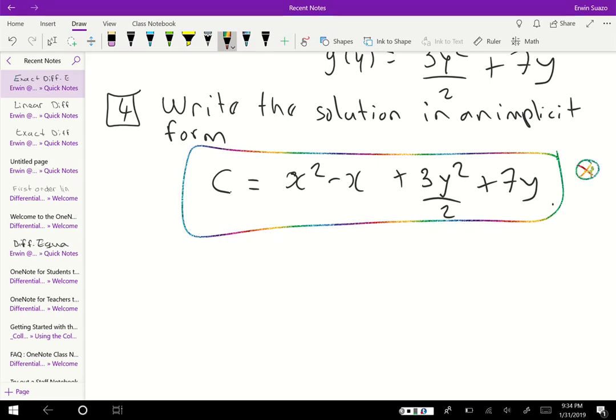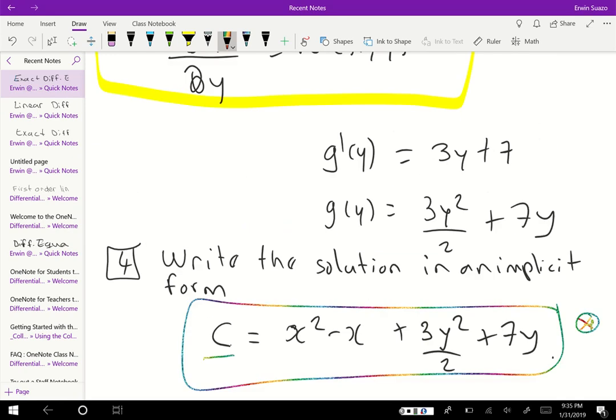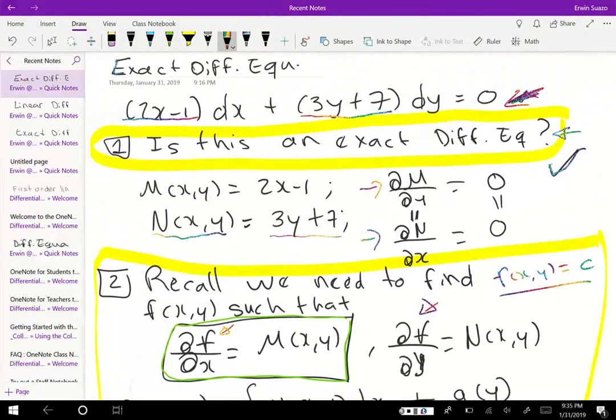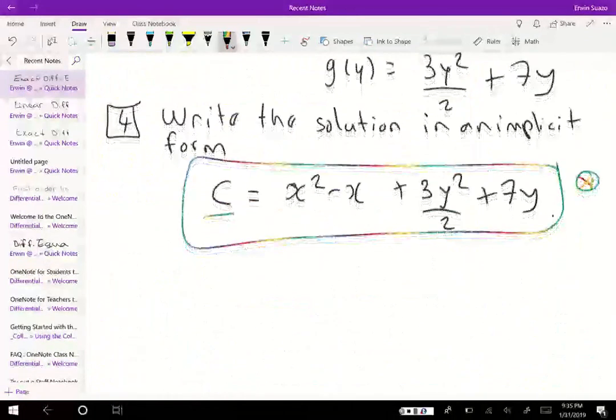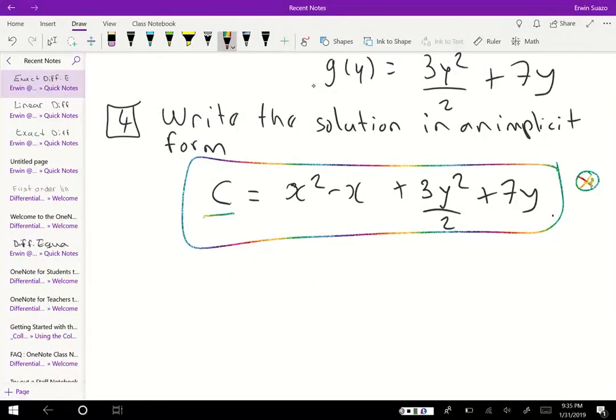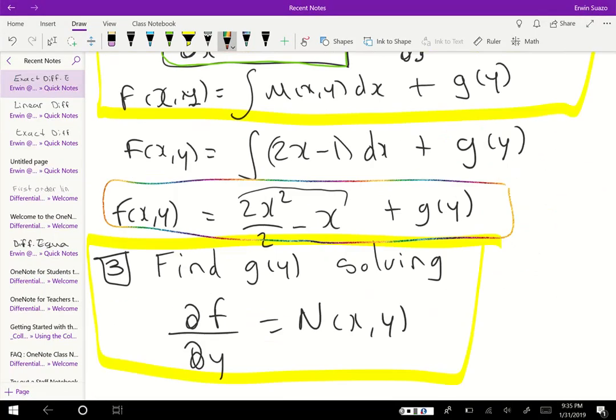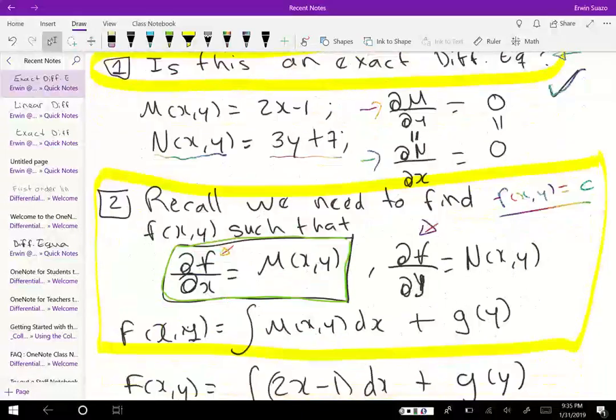So is this a solution? Well, let's verify. My derivative on the right hand side has to be 0, and that will be 0 because look, I have a 0 over here, right? And the derivative with respect to x has to give me M, so that will give me 2x minus 1, and this is 0, and I got 2x minus 1.